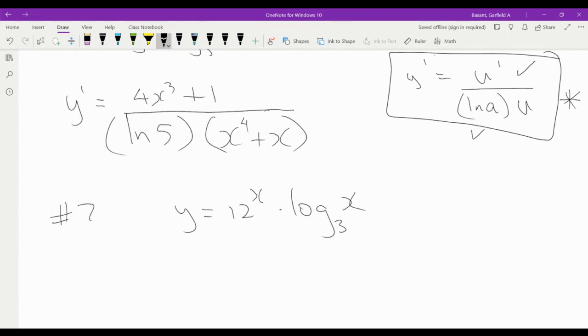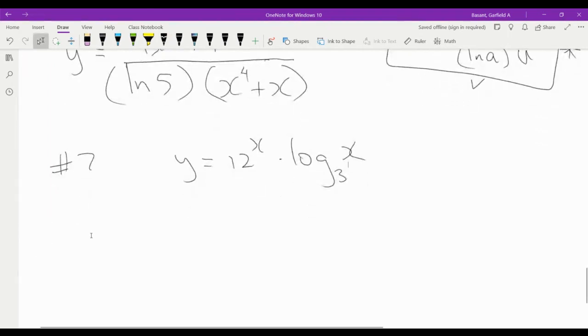All right, so let's look at this problem. What do we think we're going to do? Martha, Don, very good. Product rule, right? Because this is a function times another function.